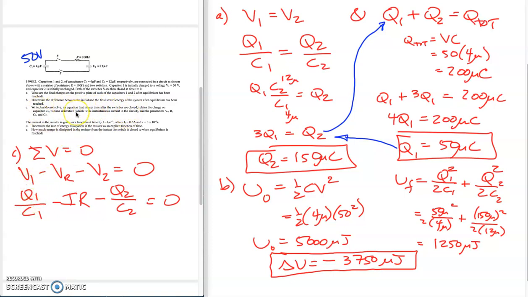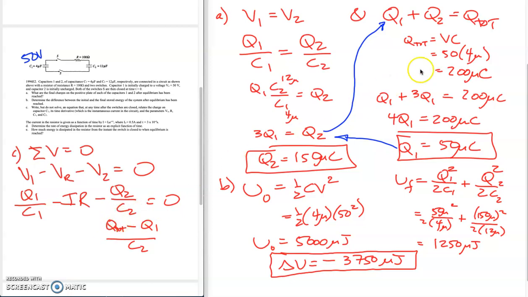Q1 is the charge on capacitor 1, and Q2 is not. So we're going to have to go back to part A and look at the relationship between the total Q, which is Q1, and the charge on Q2. So this is going to have to be Q total minus Q1 over C2.